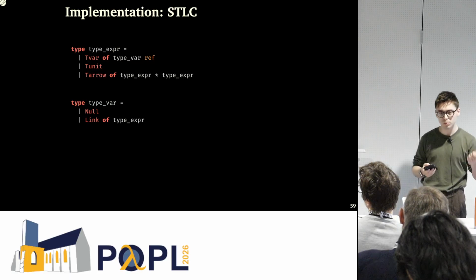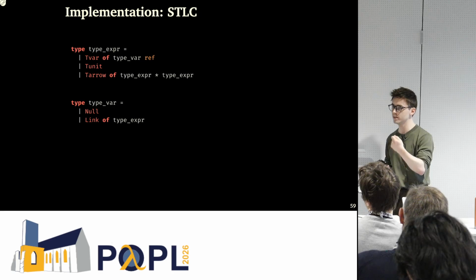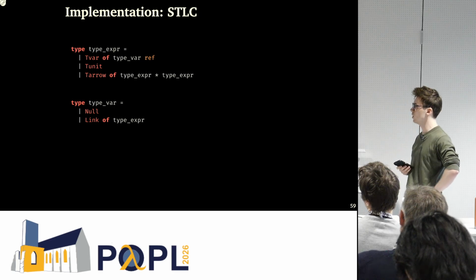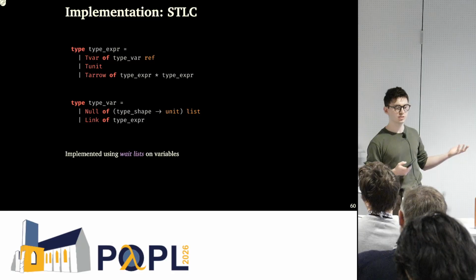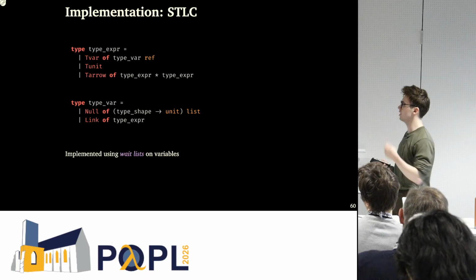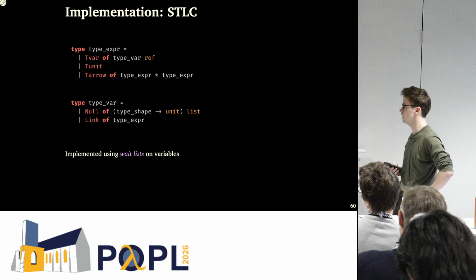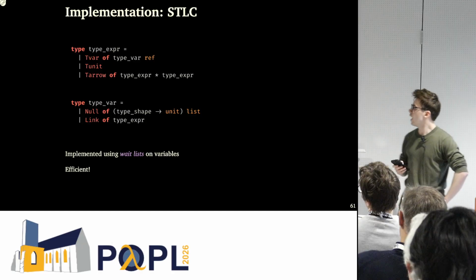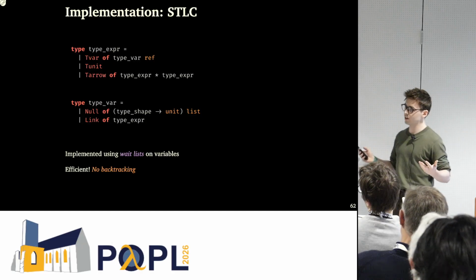And so to implement these match constraints, the idea of waiting on a unification variable, we simply add a wait list, just like you might see in a coroutines library. And so this is actually pretty efficient in practice. And it doesn't backtrack at all.